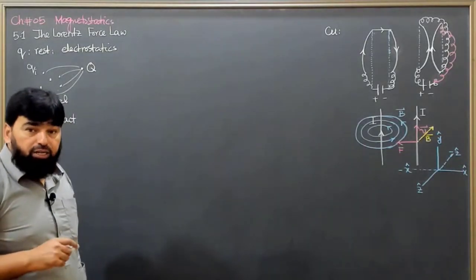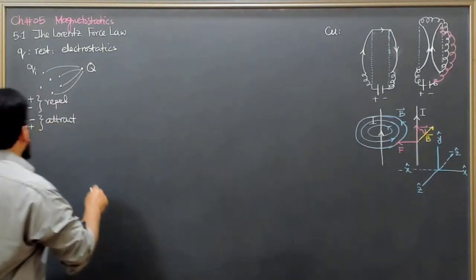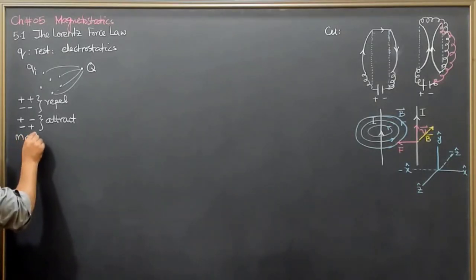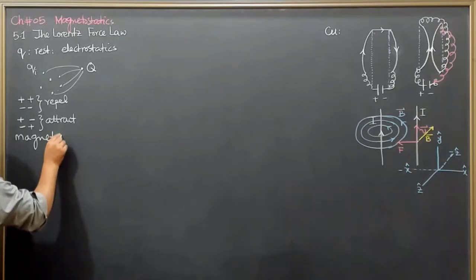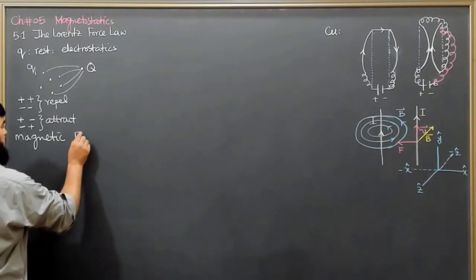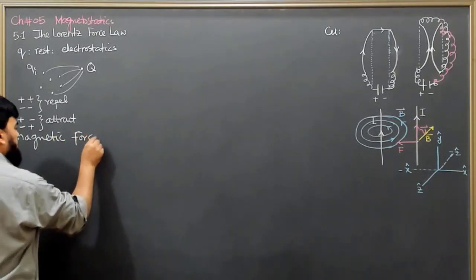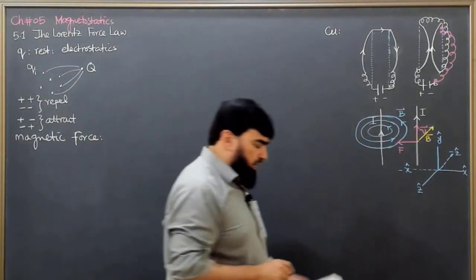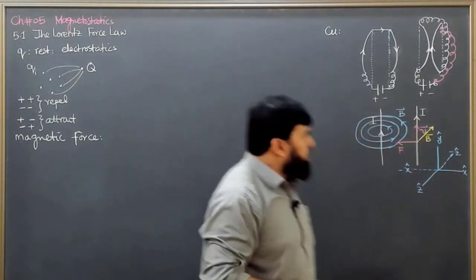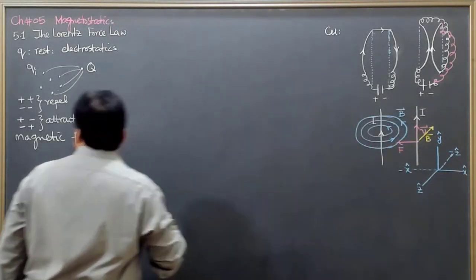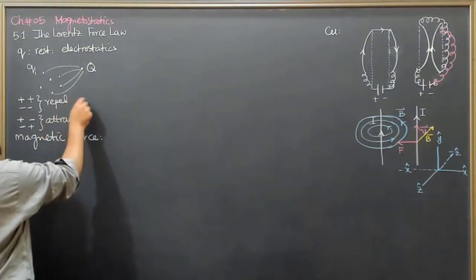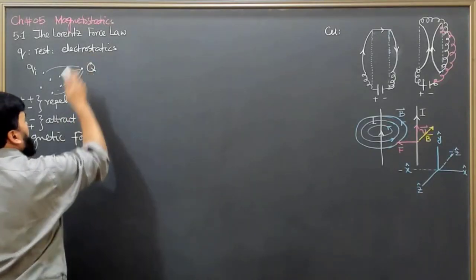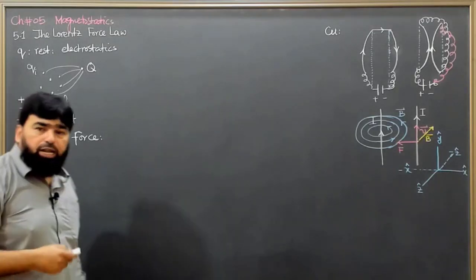This is magnetic force, and it's the first time that we bring up the name magnetic force. Magnetic force is responsible for this attraction and repulsion. We say that when a charged particle is at rest, it will generate electrostatic force, that is, electric force.